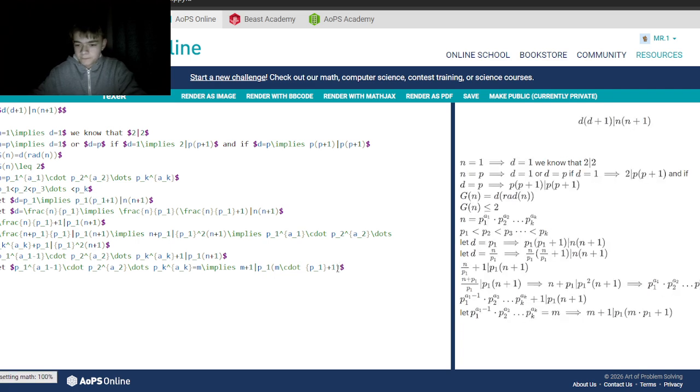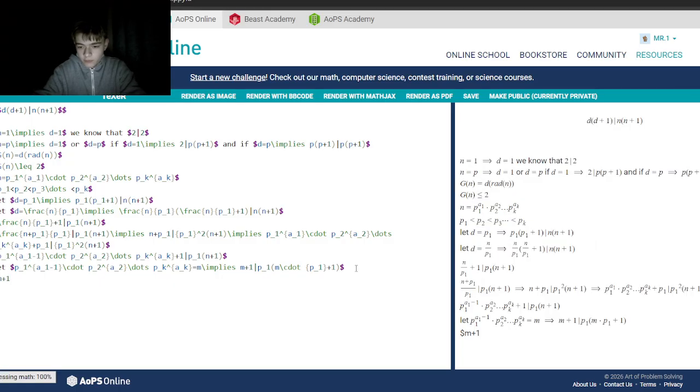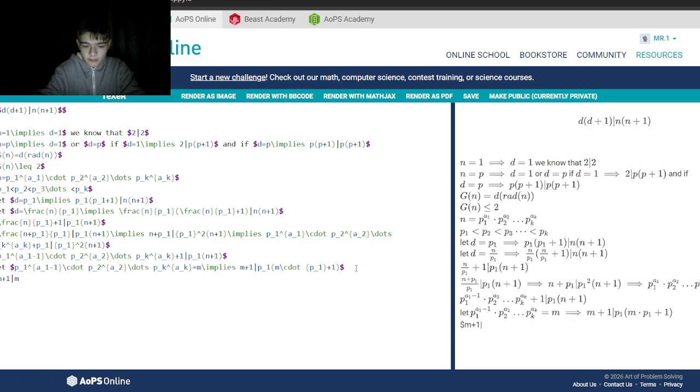Okay, so we have this because this is m and this side is m plus 1, and n is just p1 times m, so we get m plus 1 divides p1 times m p1 plus 1. Now this is same as m times p1 squared plus p1.